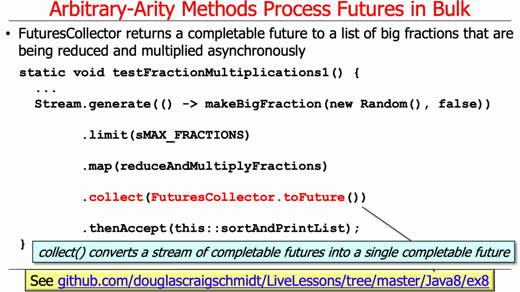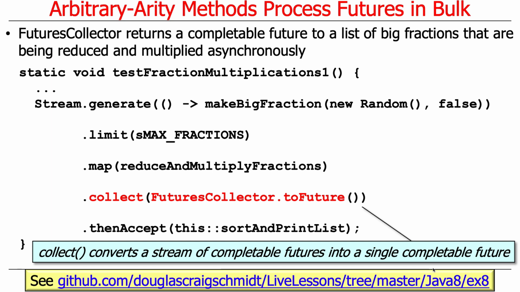And then we call collect, and we say FuturesCollector.toFuture. And toFuture is just a helper method, really a factory method, that's going to return a single completable future, which, when all the other futures it's waiting for complete, will then indicate that things are finished, and we can go on to the next stage in the stream.